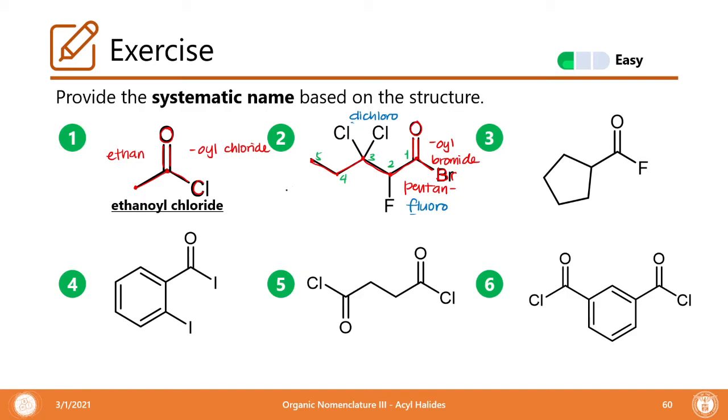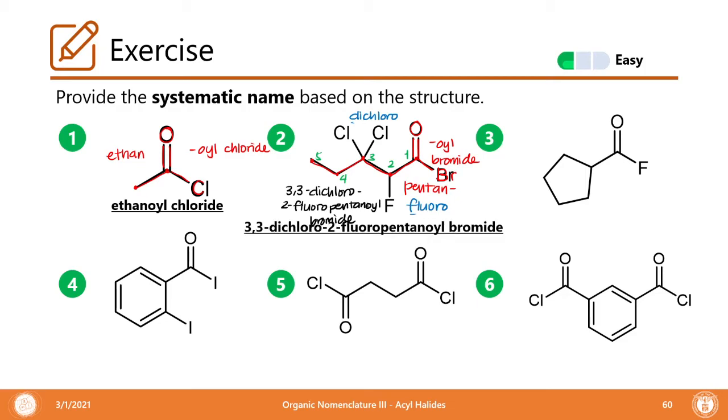So here we have 3,3-dichloro, followed by 2-fluoro, pentanoyl bromide. So we have 3,3-dichloro-2-fluoropentanoyl bromide.